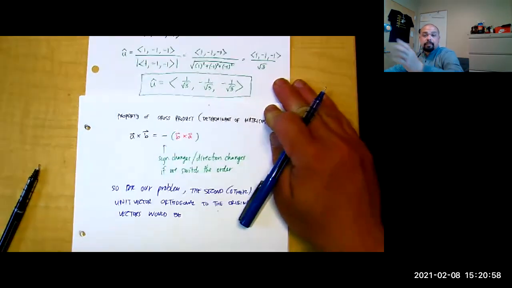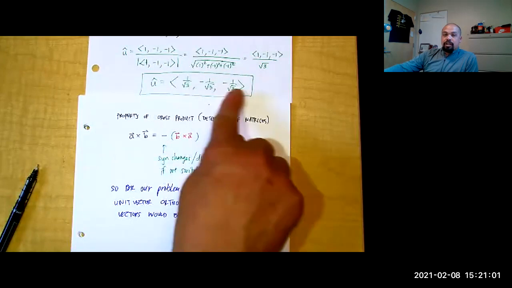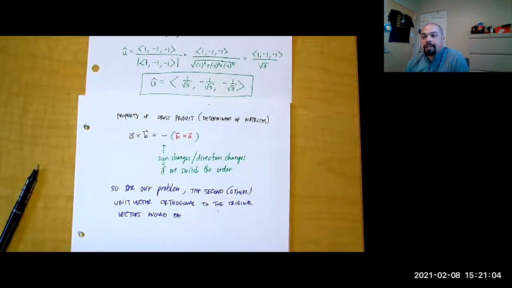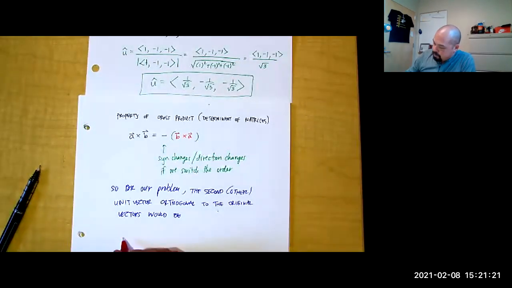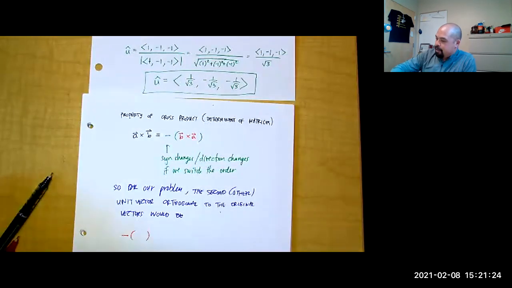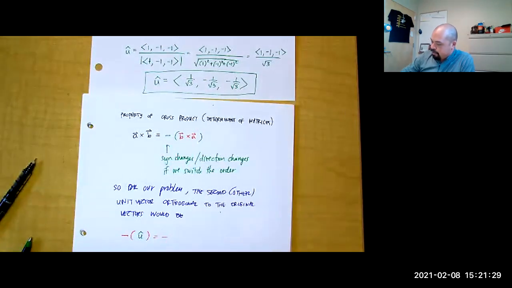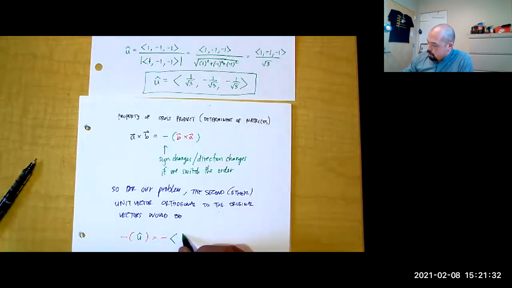All right, so for our problem then, we have our first unit vector orthogonal to the original two. So that other unit vector, that's going to be orthogonal to the two original vectors that we created, would be the negative of vector u, that is the negative of 1 over root 3, negative 1 over root 3, negative 1 over root 3.